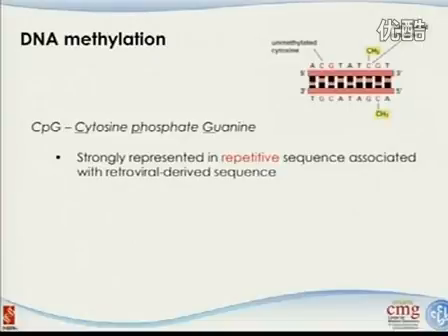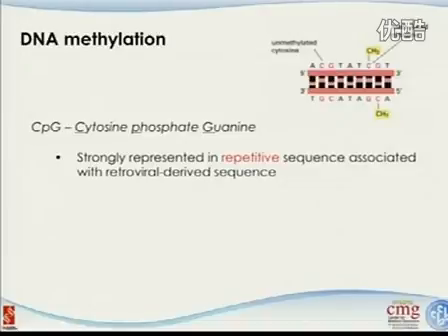Okay. So next, I'm going to jump to the DNA methylation part. DNA methylation is actually also called CpG isolation, cytosine phosphate guanine, so CpG. What really happens is that once you have these CpG dinucleotides, the C of the CpG dinucleotide can potentially be methylated.